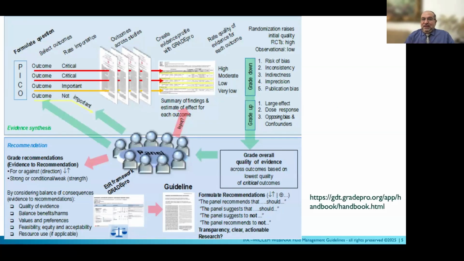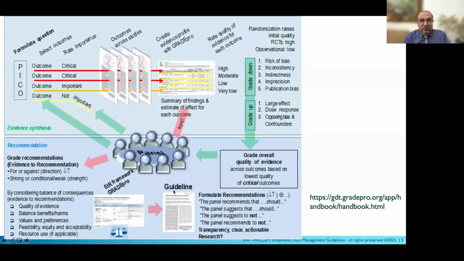The methodology of GRADE goes through multiple steps. Prof. Emilie is going to talk about this a little bit more, but it starts with formulating questions, and our group formulated 11 questions that I'm going to go over, then reviewing the literature, putting the literature together in an evidence profile, then grading the evidence, and then putting all this together in guidelines.